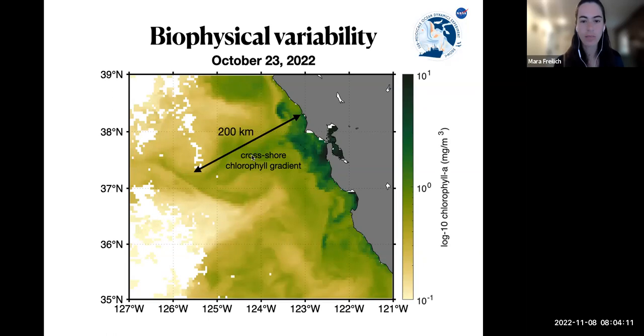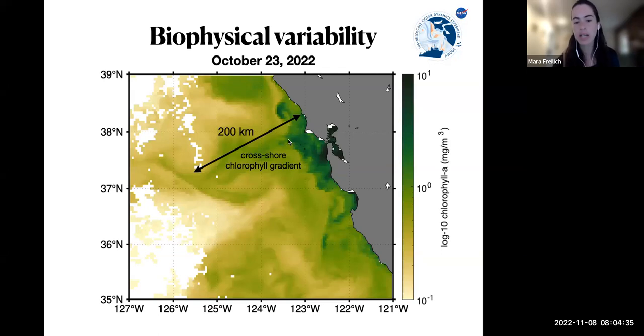And this is an image from a few weeks ago, from MODIS, where we saw a really dramatic cross-shore gradient in chlorophyll, which is one of the features that stands out as persistent about the California current system, and that's on scales of hundreds of kilometers.